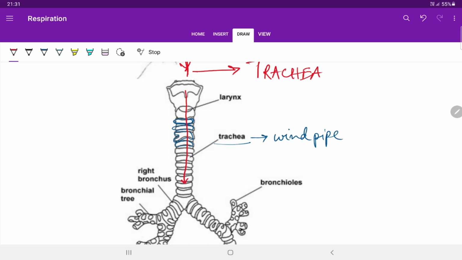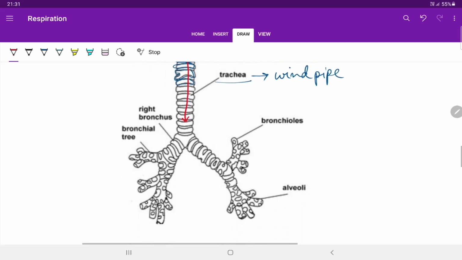Finally, we can see that the trachea divides into two branches. These branches are called the primary bronchi. These are two branches, so they are called the right bronchus and the left bronchus. This will be the left bronchus.